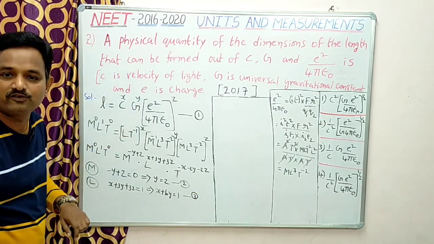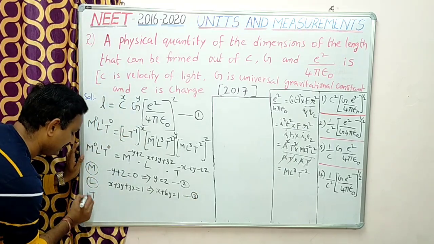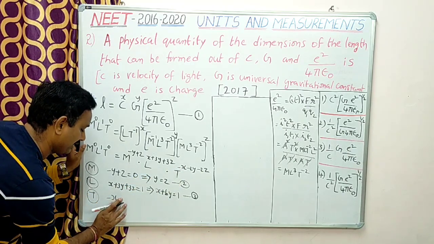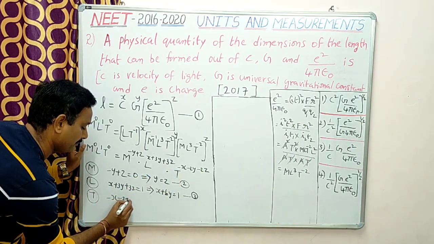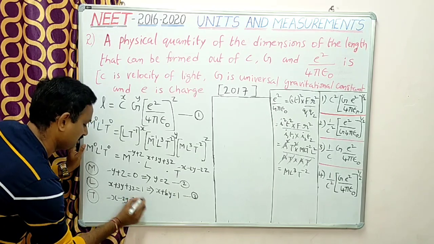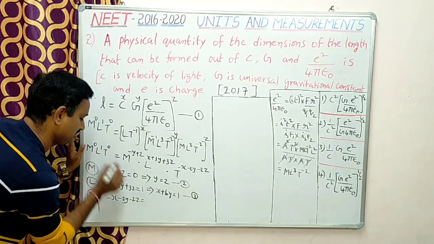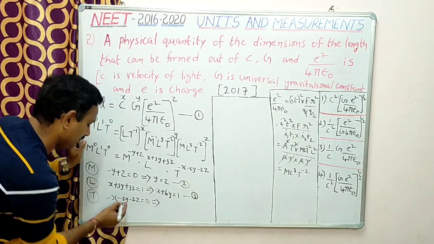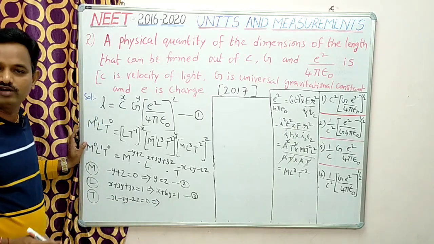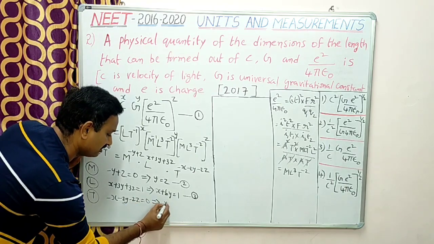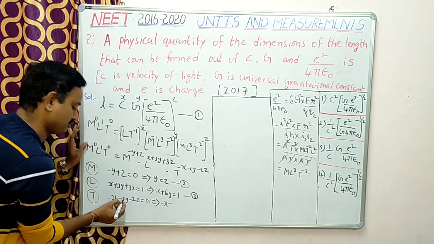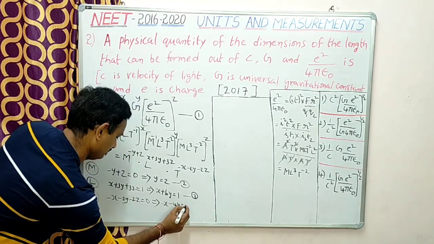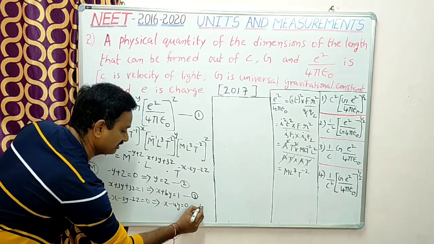Now I will take for T. That is minus x minus 2y minus 2z is equal to T power 0, that means 0. In the place of z, if I write y, I will get minus x minus 2y minus 2y, that is minus 4y equal to 0, that is equation 4.